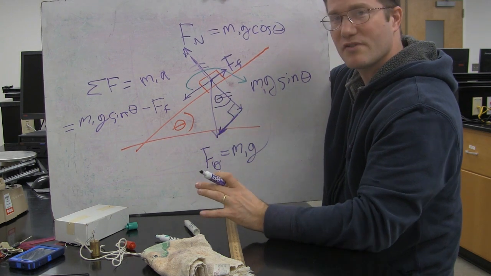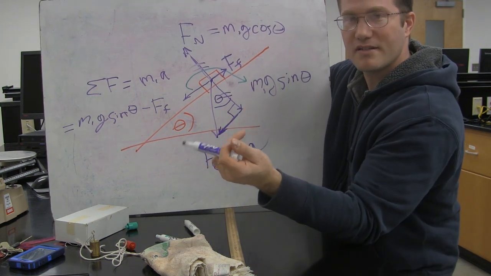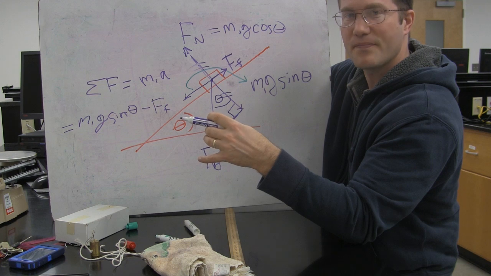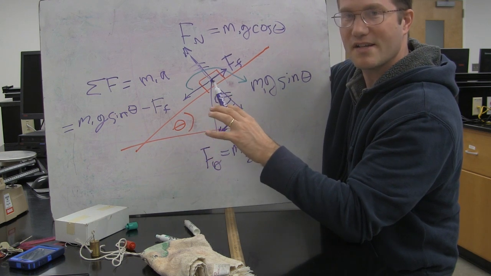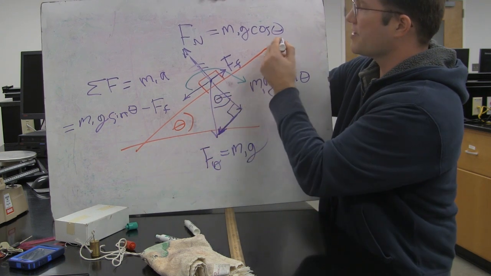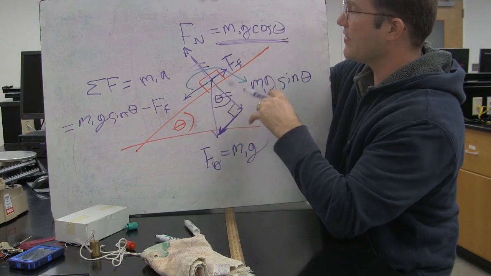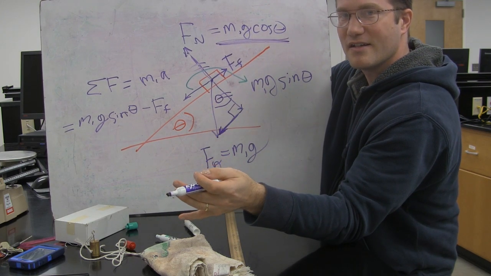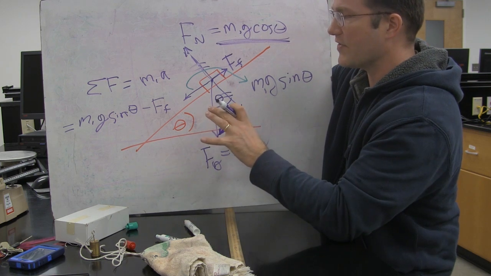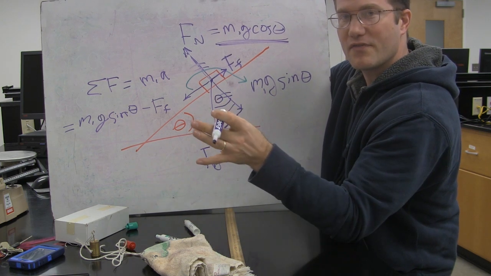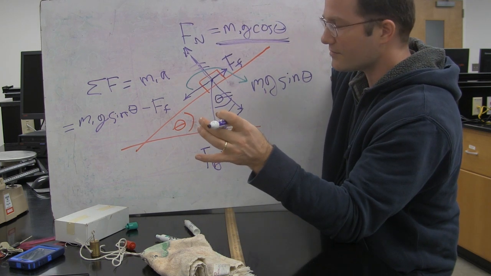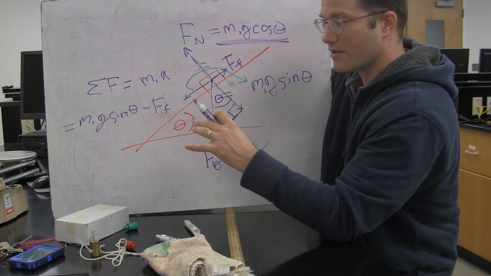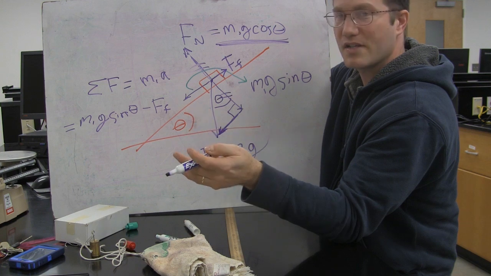And of course, our frictional force is just equal to the coefficient of kinetic friction times the normal force. But remember now, the normal force is not so easy to find. Our normal force is m1g cosine theta as before, but now we have a theta that's greater than 0 degrees. So this is a different method you can use to determine the coefficient of kinetic friction, and you'll compare that to the coefficients that you found in activities 1 and 2.